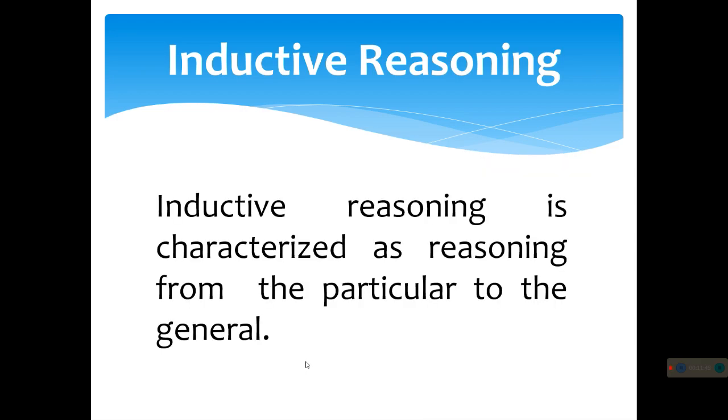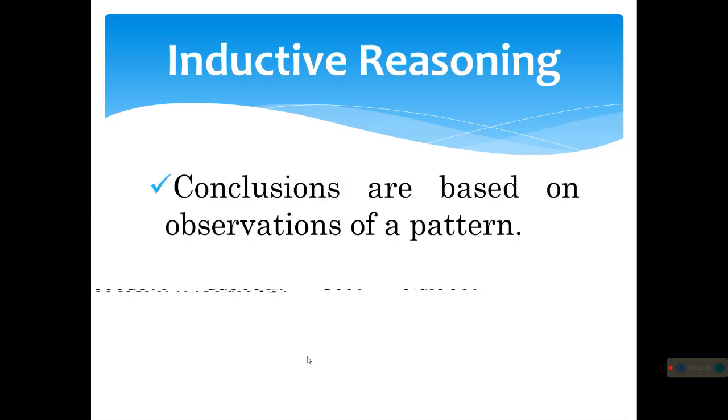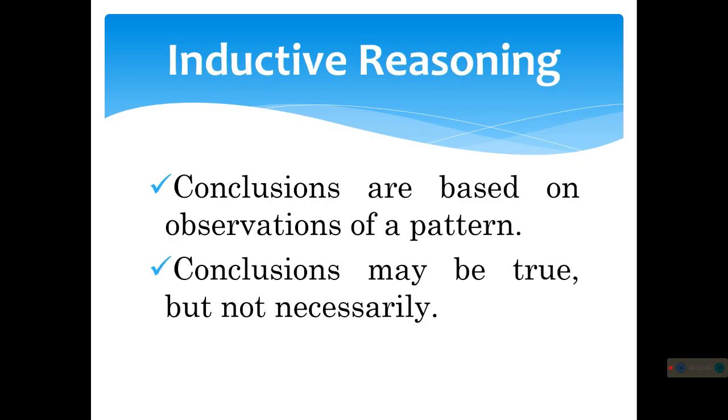Inductive reasoning is characterized as reasoning from particular or specific to the general. So again, that is all about inductive reasoning. Another thing about inductive reasoning is that conclusions are based on observations of a pattern. And conclusions may be true but not necessarily. So, therefore, sometimes your conclusion may be false.